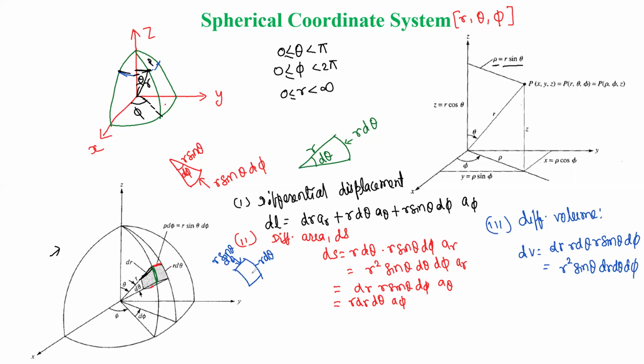So finally, this area vector will be radially outwards, a r. Like this, we can realize all the other surfaces also. Here we have parameters r, theta, phi, and they have a range. Theta changes from 0 to pi. Phi changes from 0 to 2 pi. R changes from 0 to infinity. Okay. Thank you.